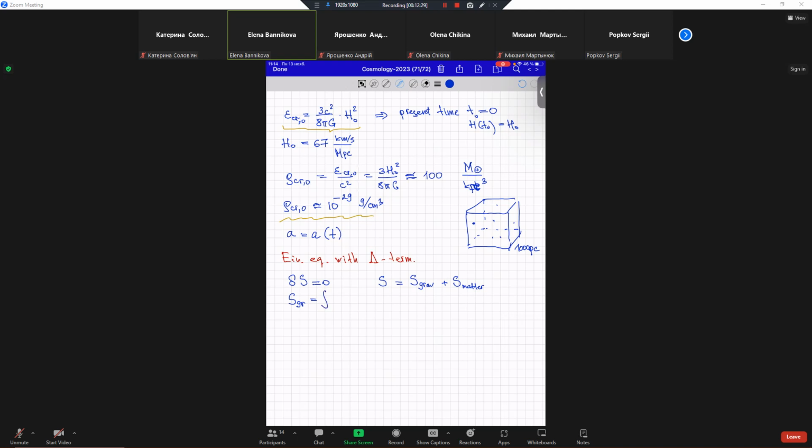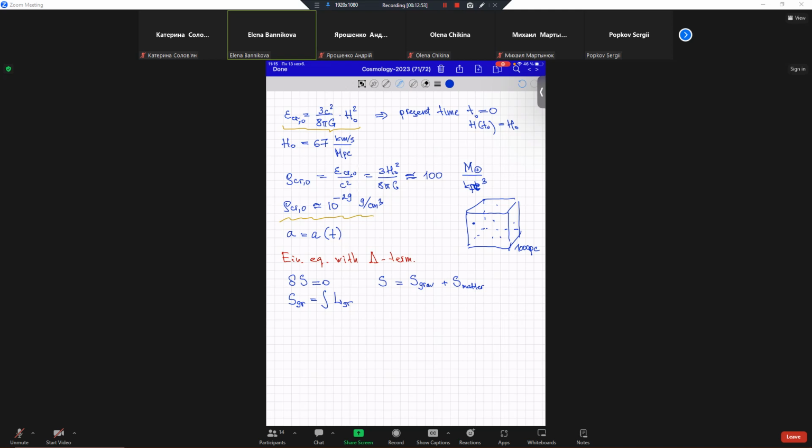This is an integral of the Lagrangian, which I will put here as gravitational, multiplied by the element of four-volume. I didn't give you the proof of what the element of four-volume is, because we didn't have enough time.